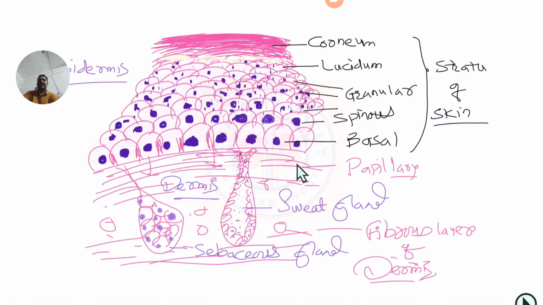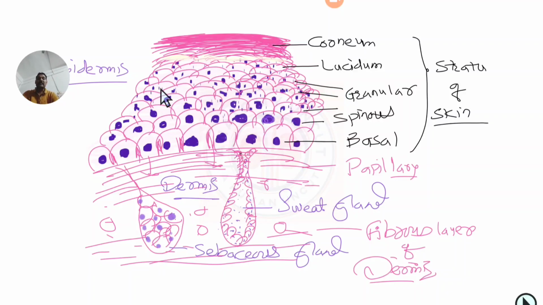Dominant here, this epithelium, which is the stratified squamous keratinized epithelium, will come down to form a few of the glands like the sweat gland and the sebaceous gland, and the duct will open either on the surface or onto the hair follicle, which we have not displayed here, but generally the sebaceous gland is associated with the hair follicle that will open onto the surface of the epithelium.